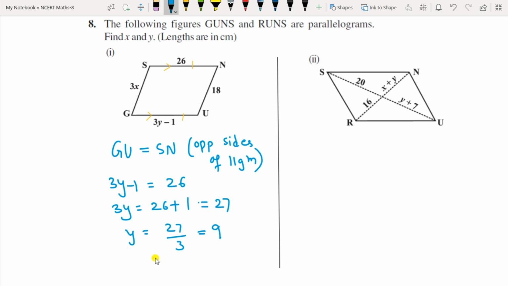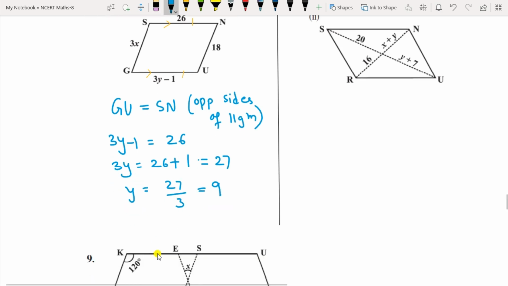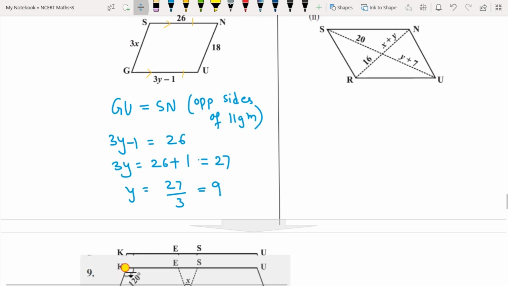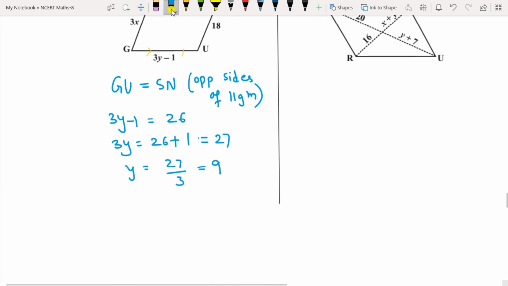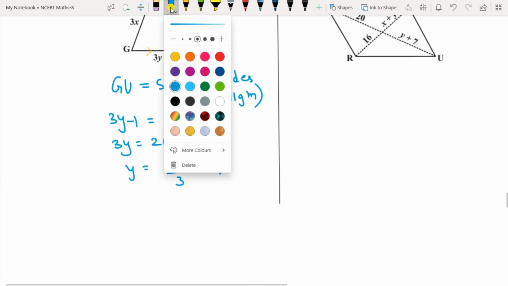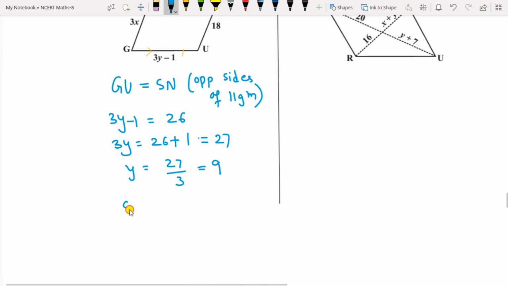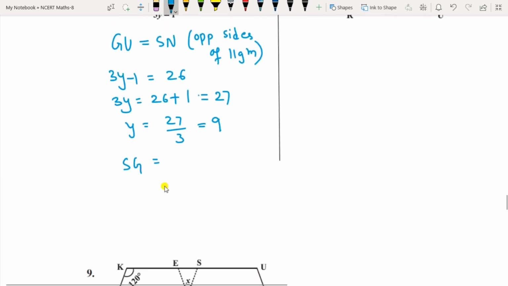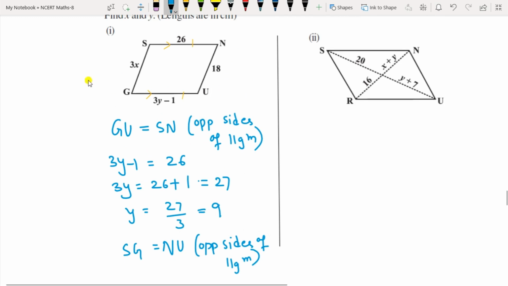You have to find the value of the variables. Similarly here, SG is equal to NU, again opposite sides of a parallelogram.